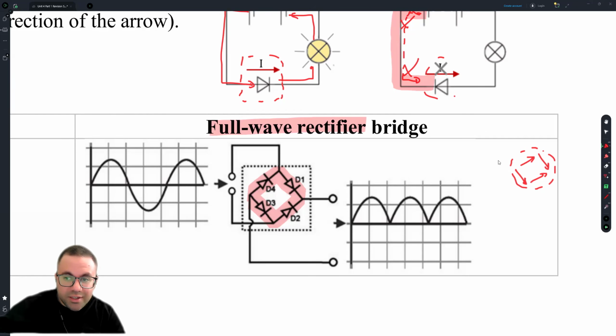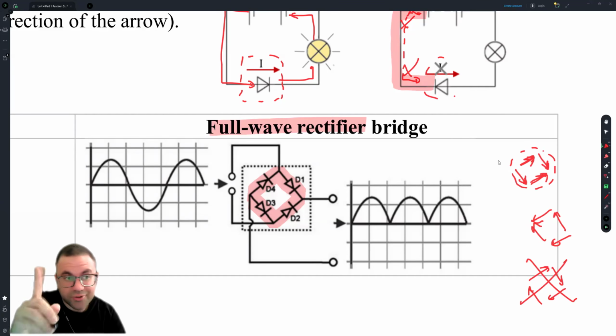Remember what I'm saying. 2 of them are parallel to each other looking down, 2 of them are looking up. I don't care which is up and down though. Like these could be the ones up, so these have to be the ones down. But if I draw the diodes like this, like each one is in a different direction, this is wrong. So that's the first thing you need to identify.